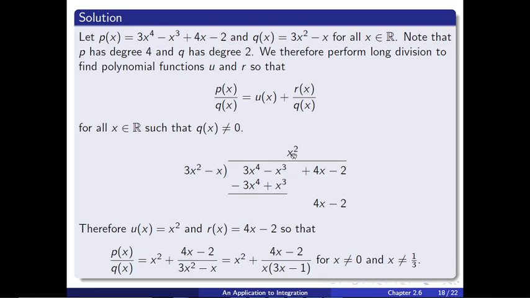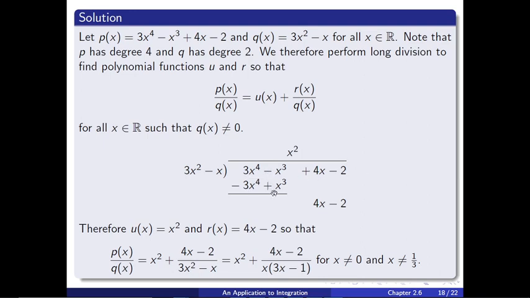So we multiply that to get that, and then we subtract, right? So that's why we've got minus there and a plus there. We would have multiplied by that to get positive 3x to the 4 minus x cubed, but we have to subtract that from this, right?